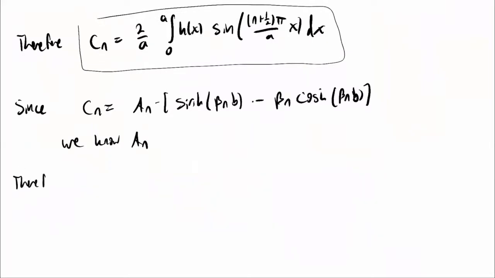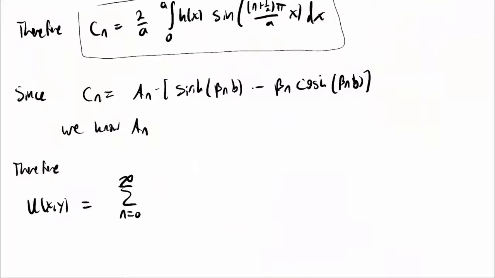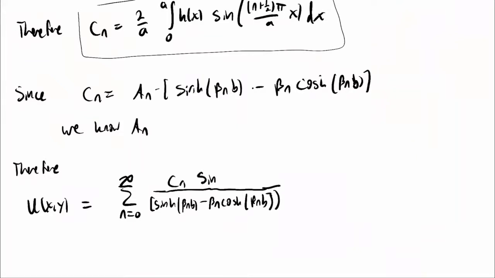And so, finally, we end up with u of x, y as the sum from n equals 0 to infinity of Cn divided by these hyperbolic trig terms with b plugged in, and then times sine of beta n x as before, and then all multiplied by the remaining hyperbolic trig functions.